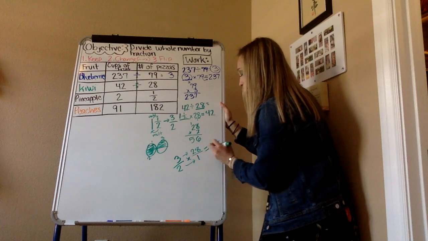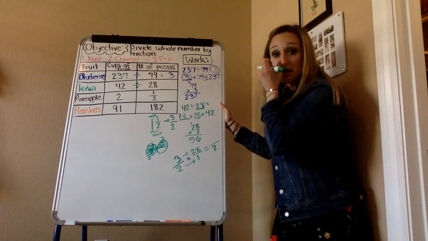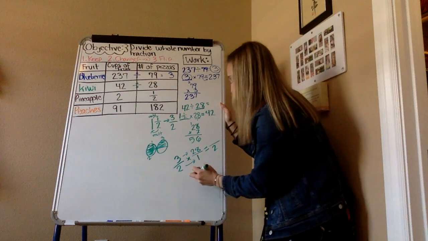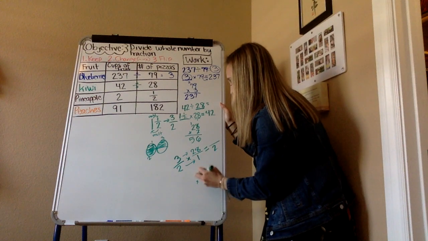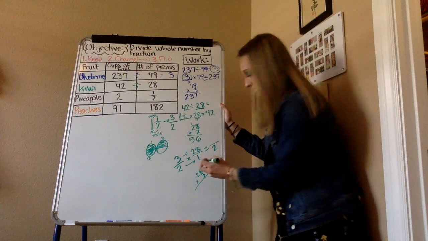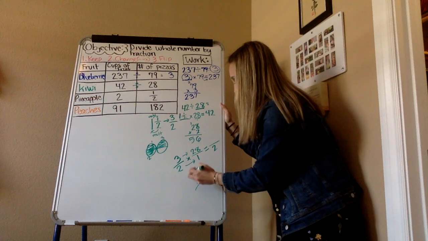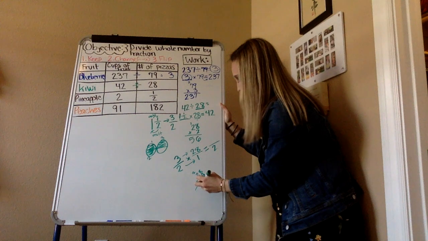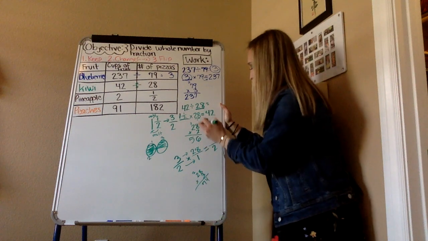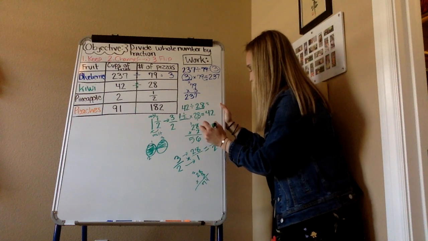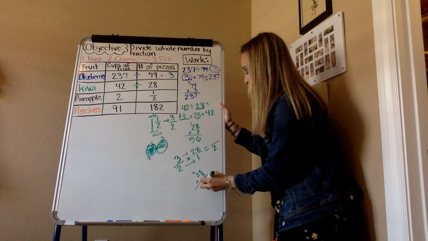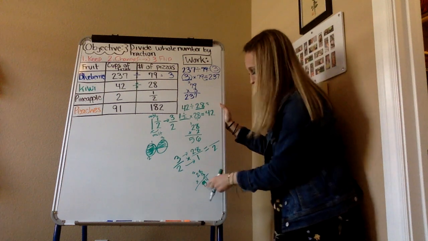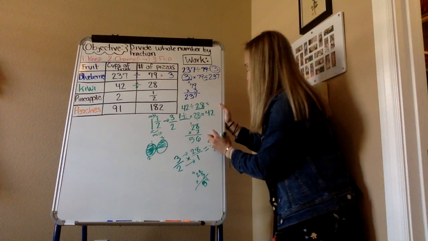I know 2 times 1 is 2. And then 28 times 3 I'm going to do on the side. 8 times 3 is 24. 3 times 2 is 6, 7, 8. Oh, sorry. I said 74. 6, 7, 8. 84. 84.